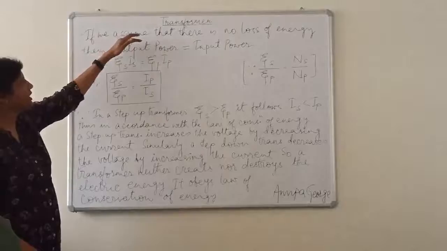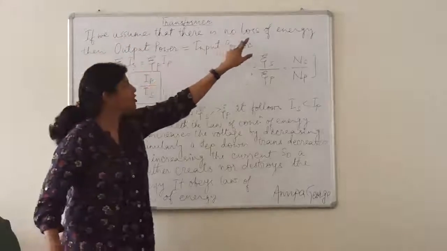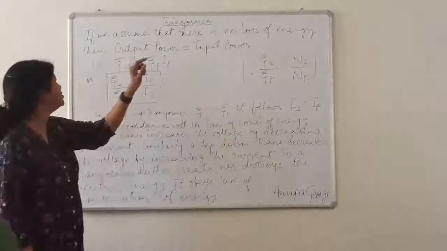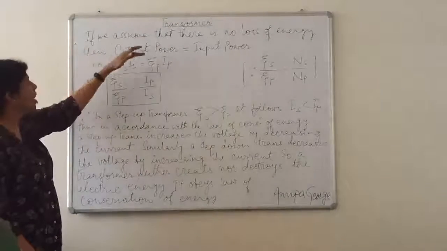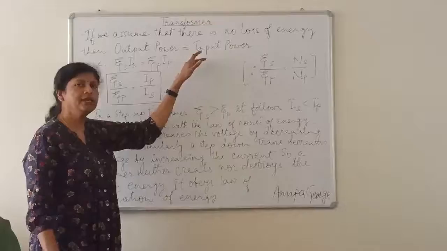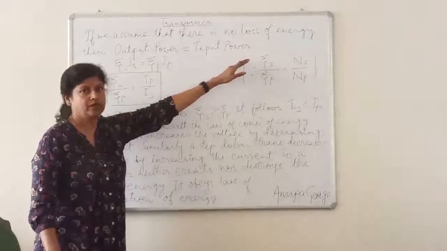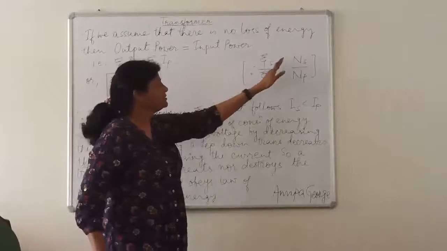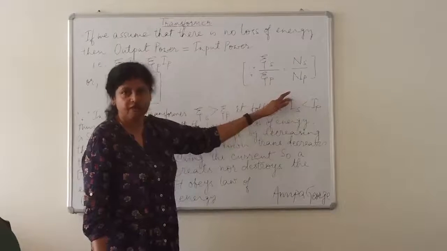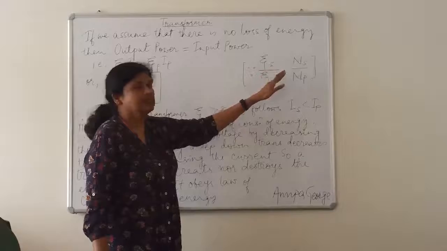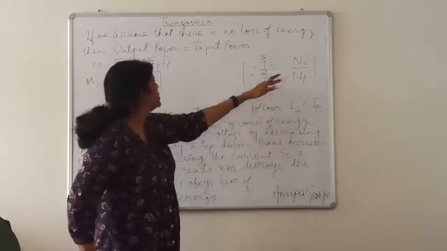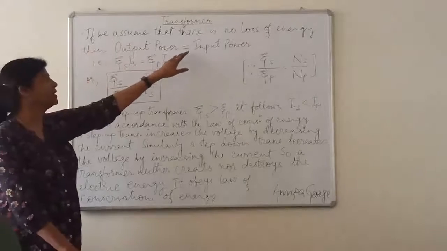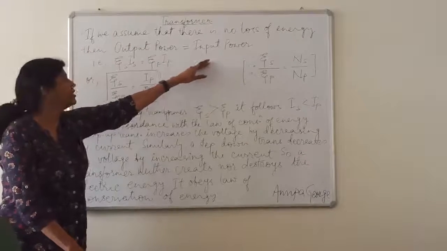If we assume that there is no loss of energy, then output power will be equal to input power. From the last relation, we have seen this transformation ratio. And from this relation, output power is equal to input power.